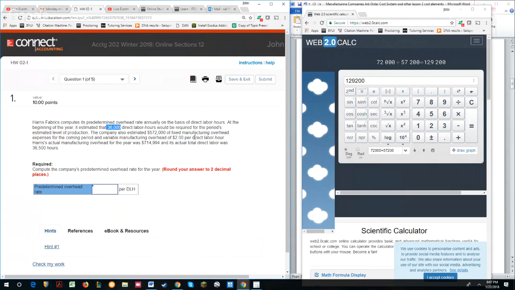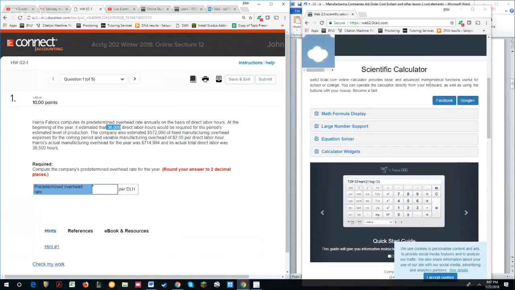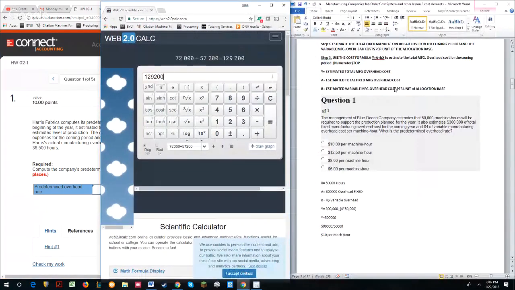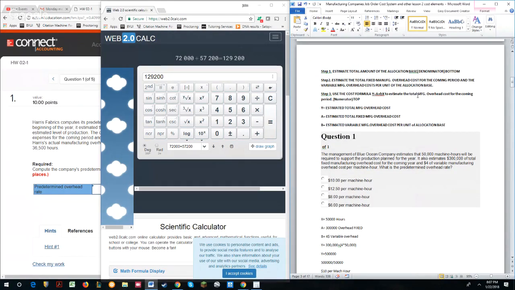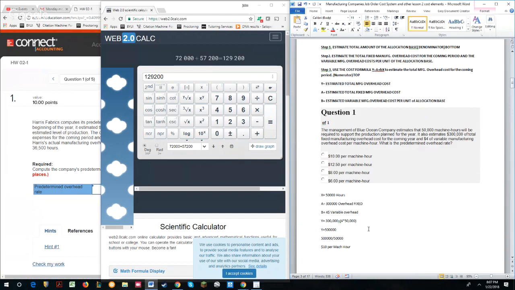Hold on a minute. Let me see my notes here. So step one is we estimate the total amount of allocation base. Then that'll be our denominator. Then step two, we estimate our fixed manufacturing. And then step three, we use the formula to estimate our overhead. I wrote these notes down to help me.